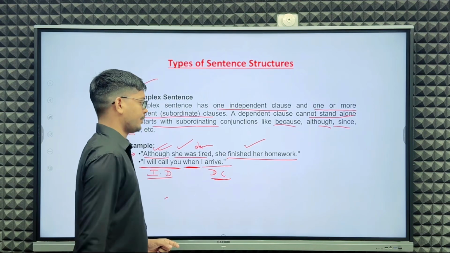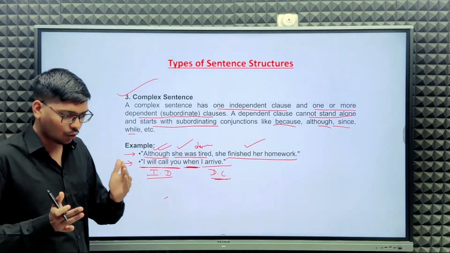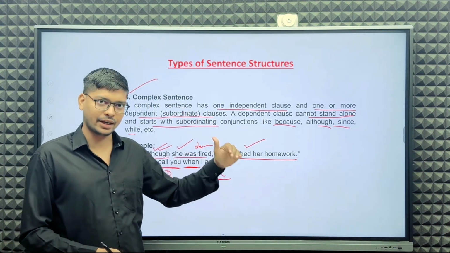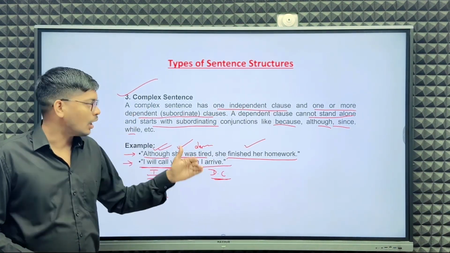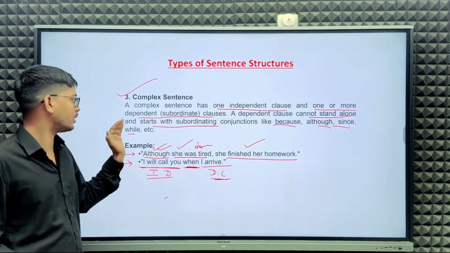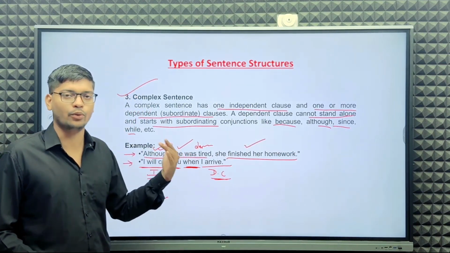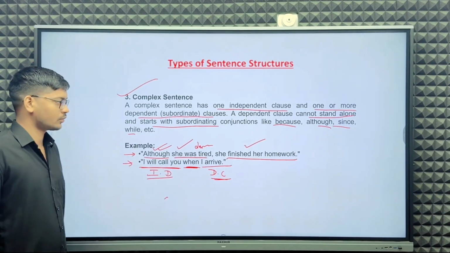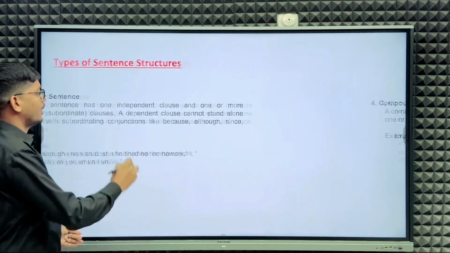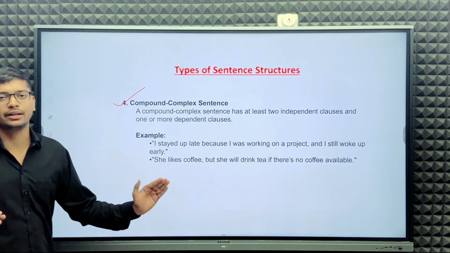I hope you understand easily. A complex sentence has one independent clause and one or more dependent clauses. A dependent clause cannot stand alone and starts with a subordinating conjunction like because, since, although, while, when, etc. So this is a simple concept. Let's move on to the next, fourth type of sentences here, compound-complex sentences.